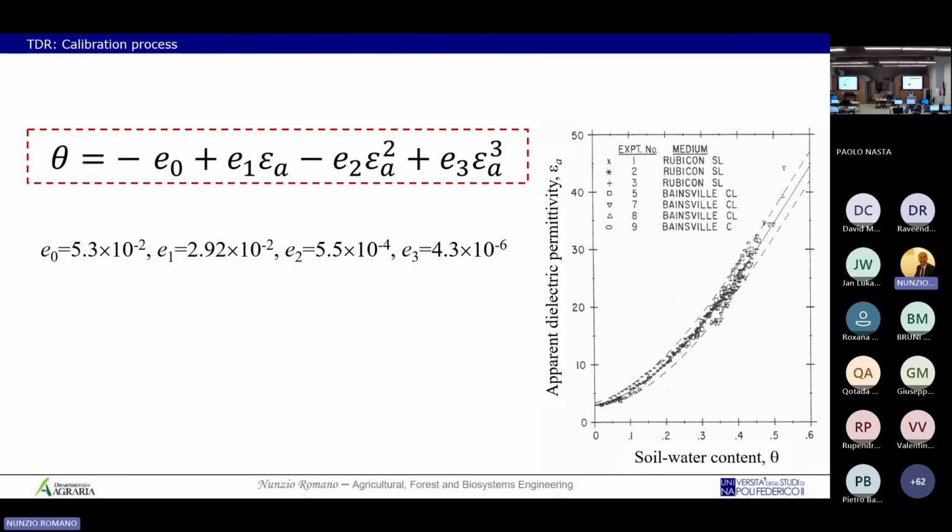Can you control that the temperature in the oven remains at 105 centigrade all the time? These are the questions that you have to ask and respond to, to quantify in the best way possible the uncertainty associated with your calibration process. I hope I have answered this question.